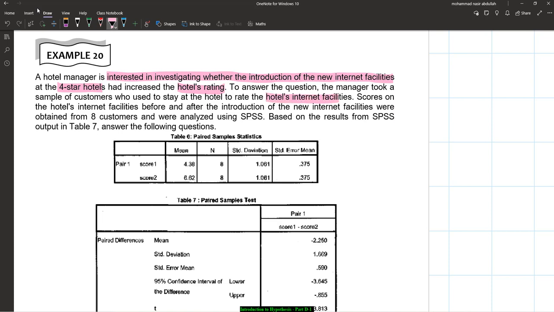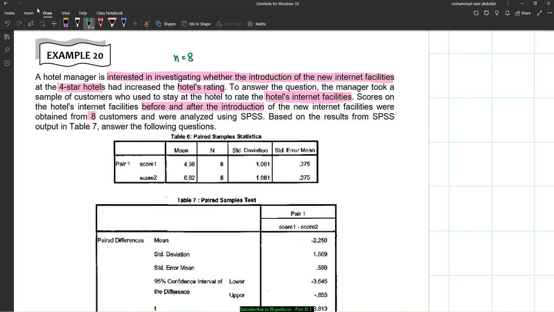So the variable that we're going to measure is hotel internet facilities. Scores on the hotel internet facility before and after the introduction of the new internet facility were obtained from 8 customers and were analyzed using SPSS. So we know that we have n equal to 8.